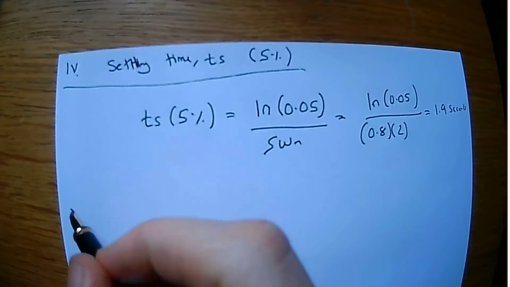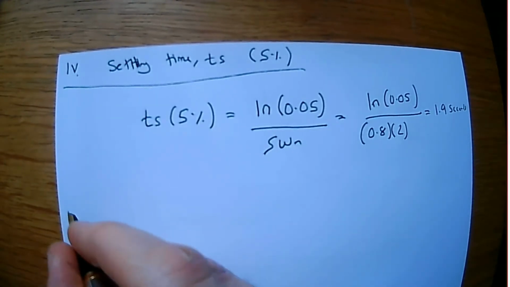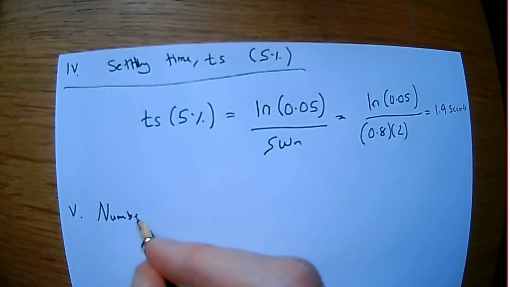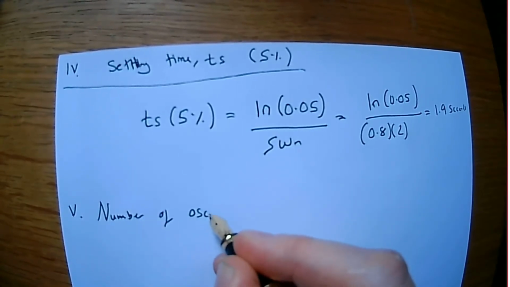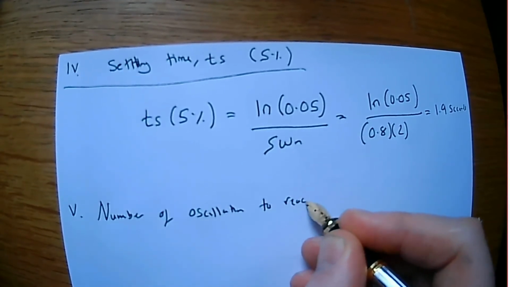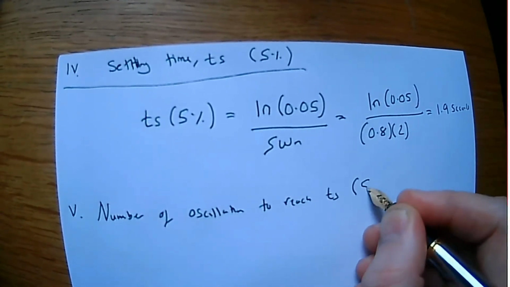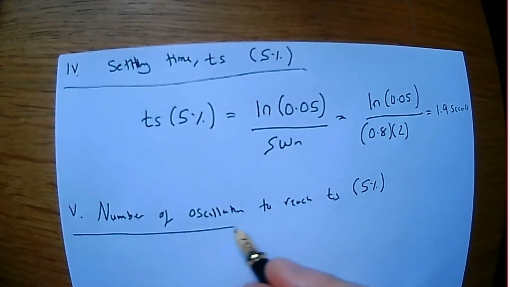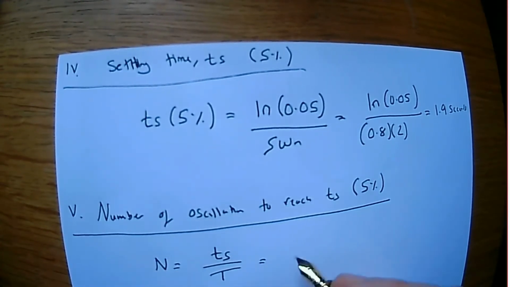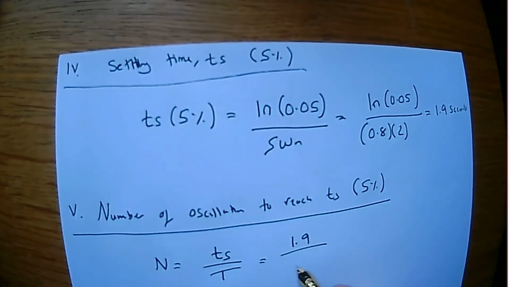The final thing we're going to work out, determine, is effectively the number of oscillations to reach TS, where TS is 5%. And the formula for that is effectively just N is equal to TS over T, which is obviously 1.9 because we just determined it, over T, the time for one period, which is 5.2.